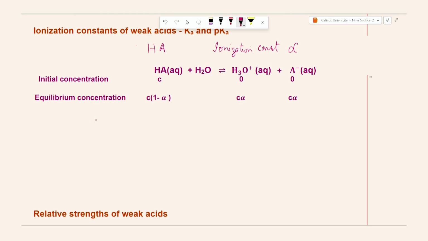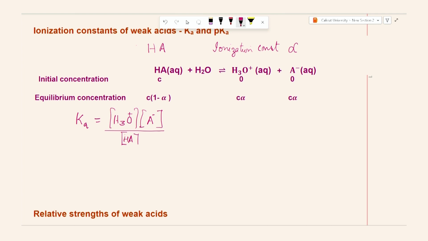Next, I am going to write an equilibrium constant for this, that is Ka of the acid, to show that it is an equilibrium constant for dissociation of an acid. Ka is equal to the concentration of H3O+ into the concentration of A- whole divided by the concentration of HA.